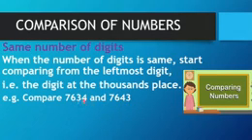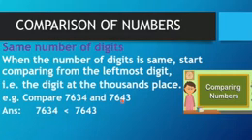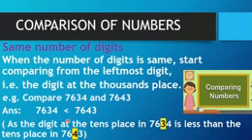So that means this number is less than this number. Yes. So that is why 7,634 is less than 7,643. So we can say as the digit at the tens place in 7634 is less than the tens place in 7643. That is why this number is smaller.